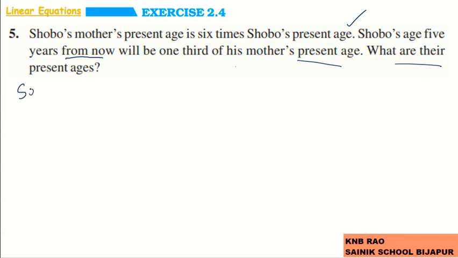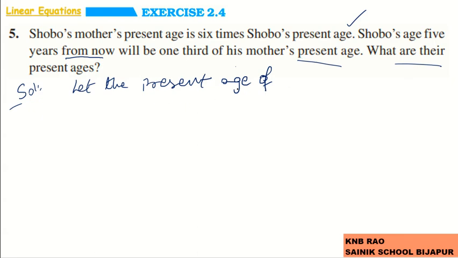So to solve this question, first we shall assume the present age of... Now tell me, is mother's age depending on Shobo's age? Shobo's mother's present age is 6 times Shobo's present age. That means it's one way, mother's age is depending on Shobo.